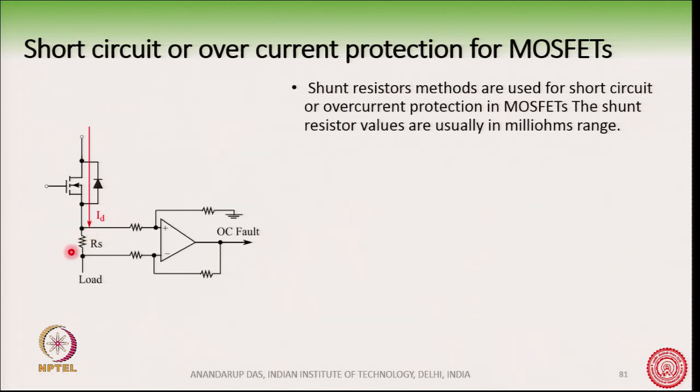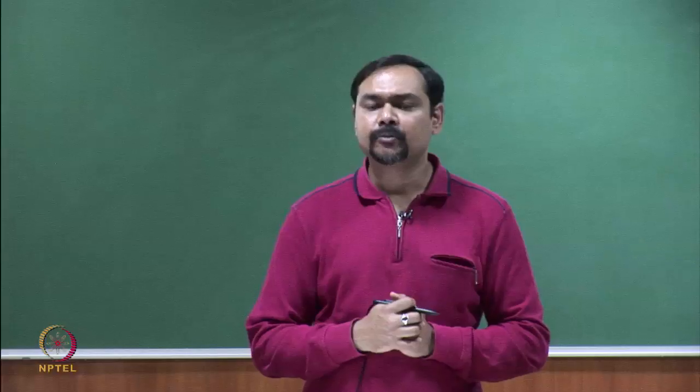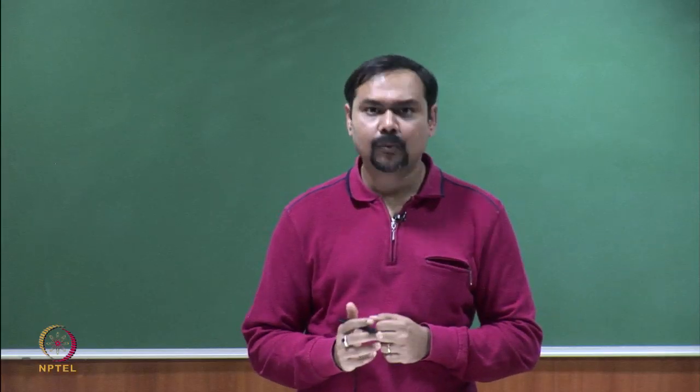Instead, in case of MOSFET we use shunt resistor methods. The voltage across the shunt resistor is monitored and then it will cause this op amp to trigger as the voltage goes beyond a certain limit. So, this is how short circuit or overcurrent protection for MOSFETs works.